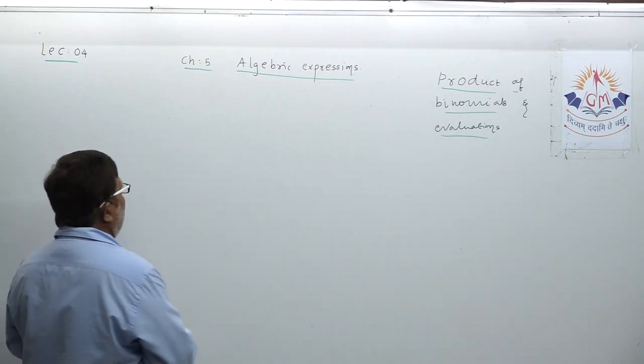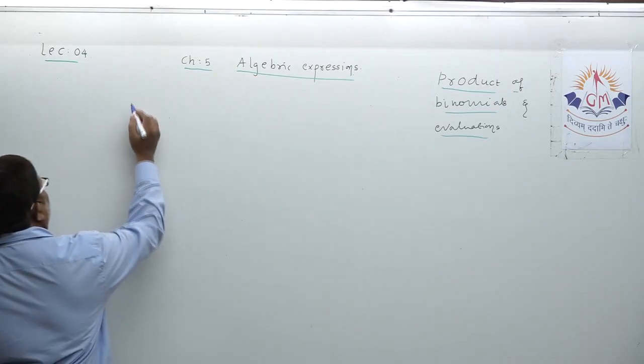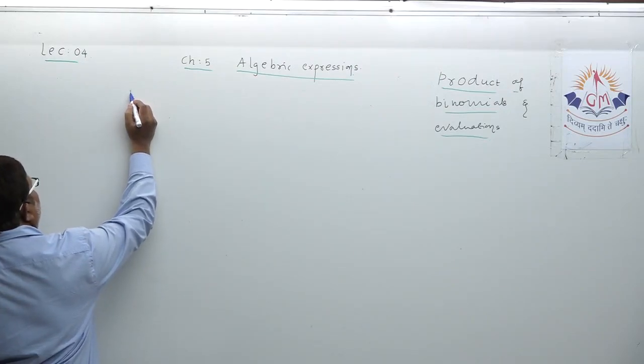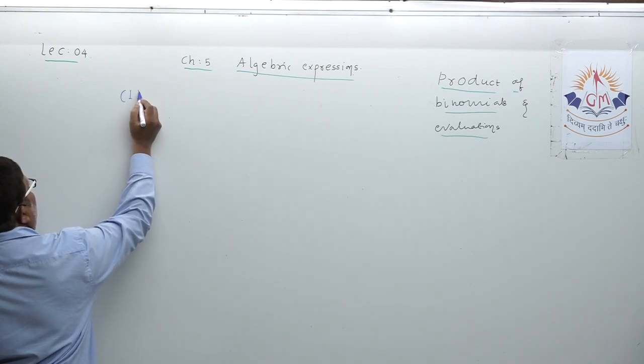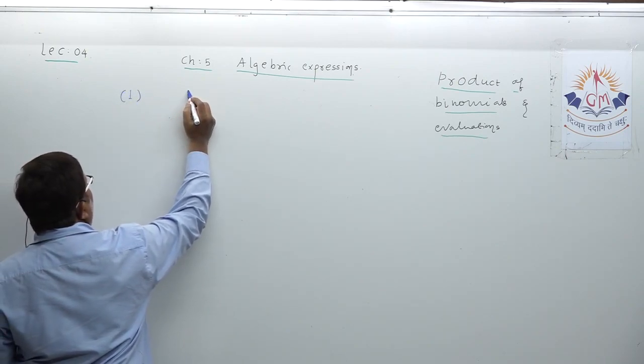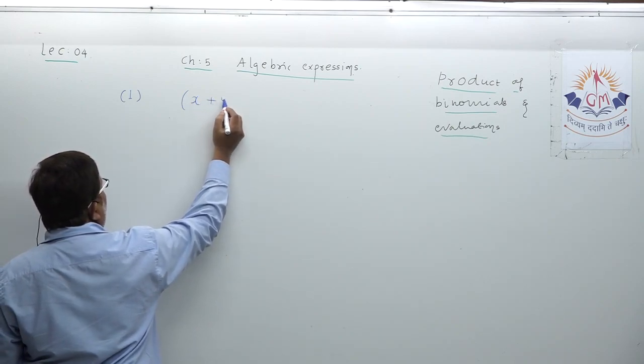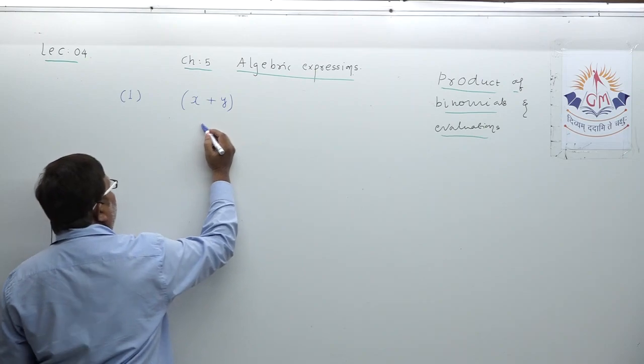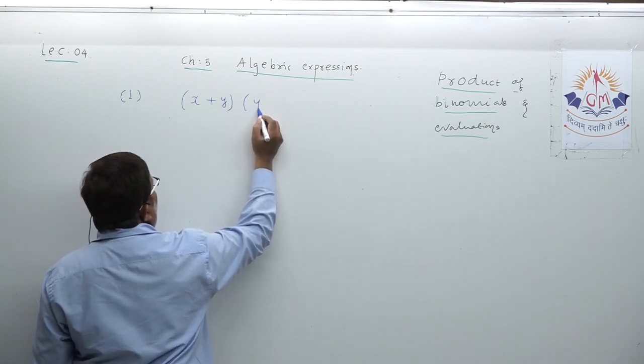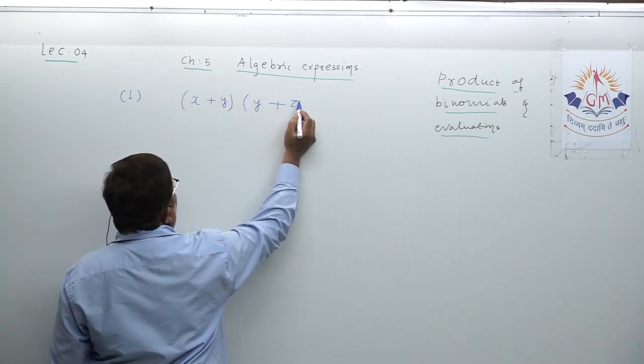Okay, let me write the first example. Suppose the example is like this. Instruction given is simplify, (x + y)(y + z).